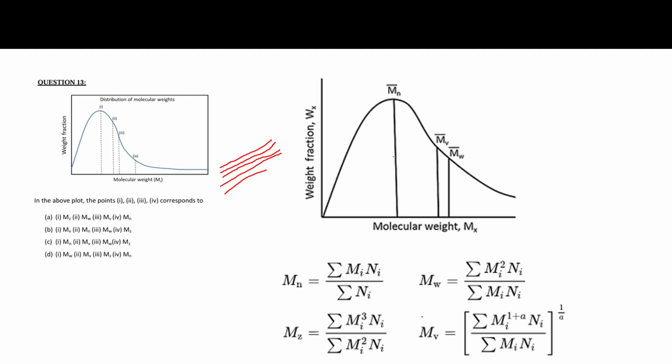There is another molecular weight, which is the viscosity average molecular weight. Why is this viscosity average molecular weight needed? Because when we are doing the processing of the polymer, as we discussed in the last classes, polymers have some viscous property, like a damping property.